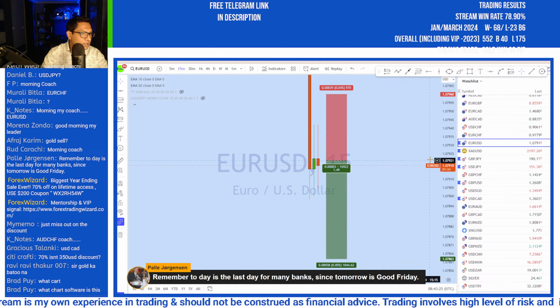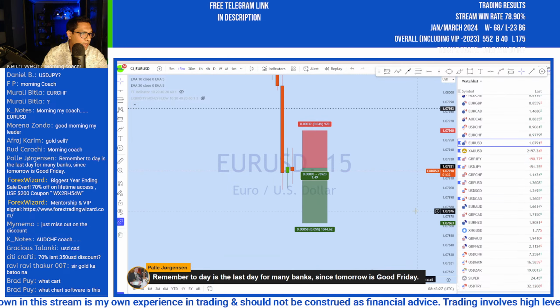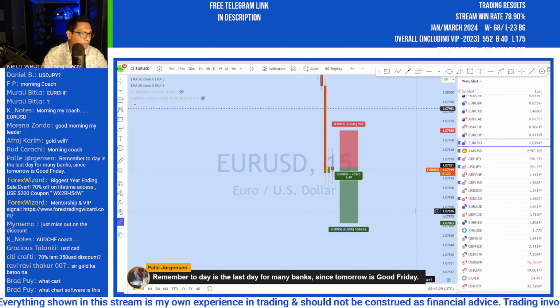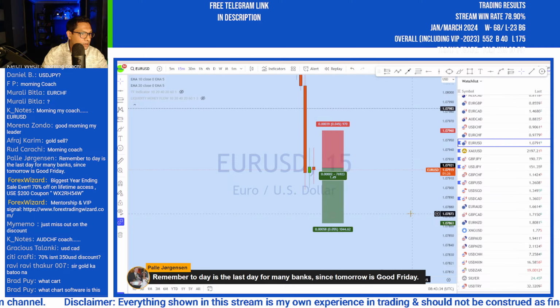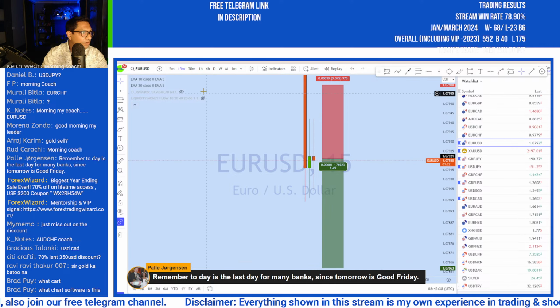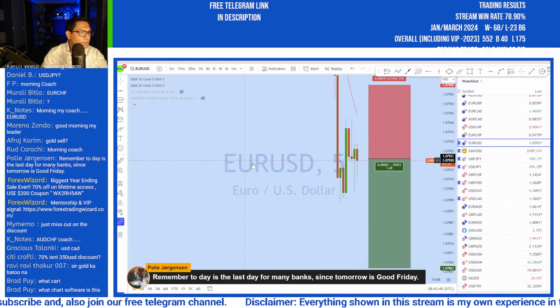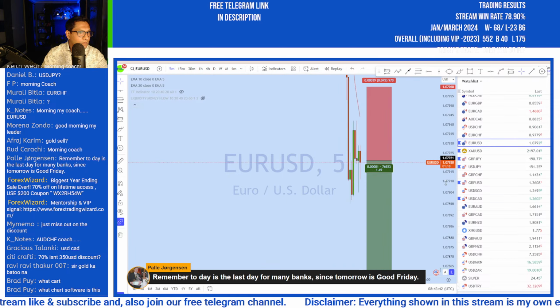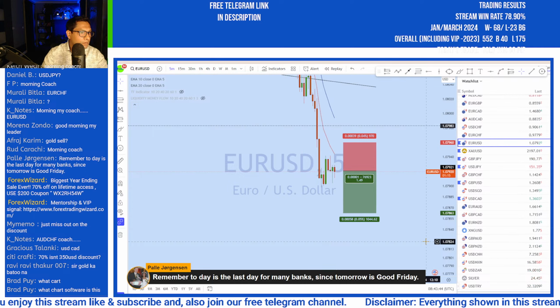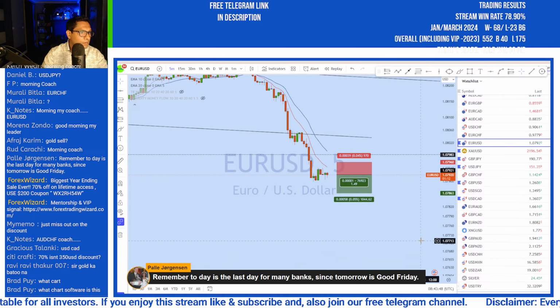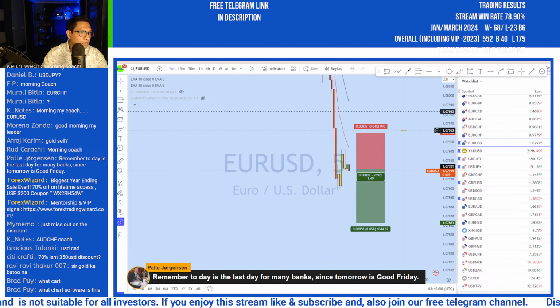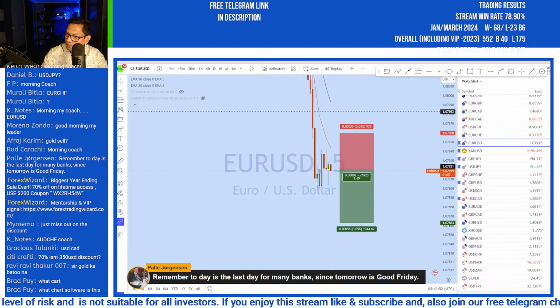Now here is what we can see from the 15 minutes. I expected a bit of a deeper drop here for this 15 minutes candle. Come on, drop down.